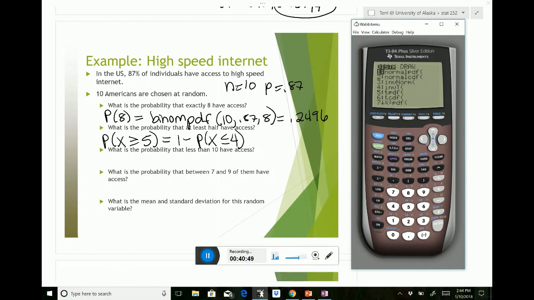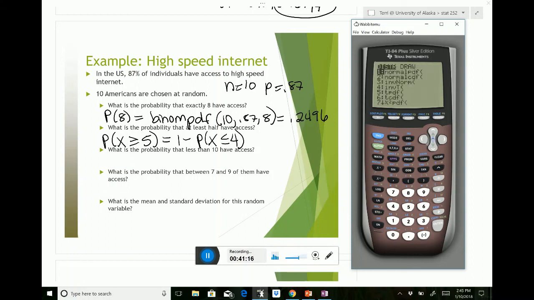So we want 1 minus binom CDF. So we're going to go alpha apps. I keep forgetting to go to distributions.